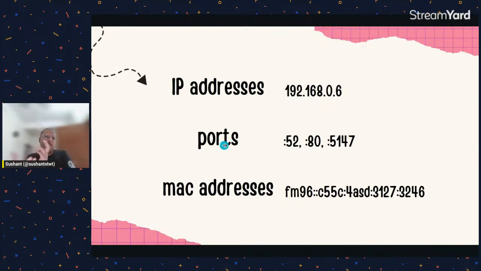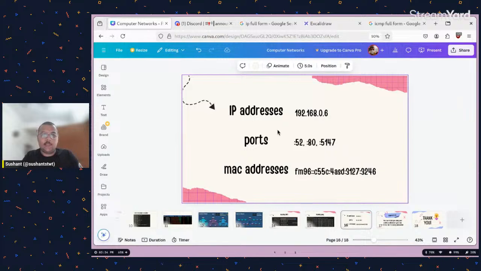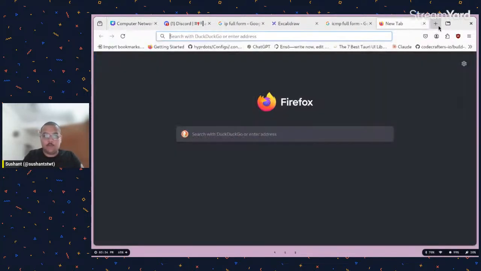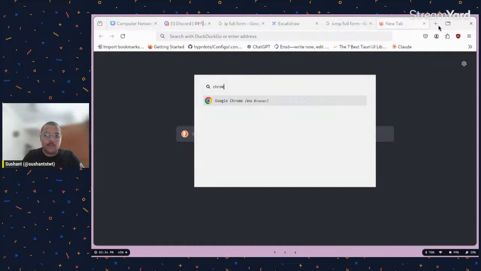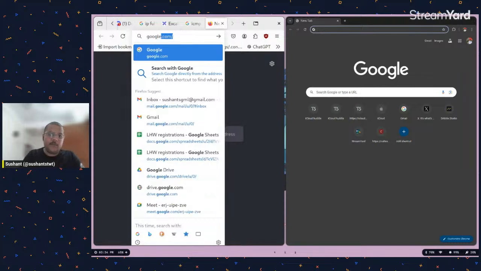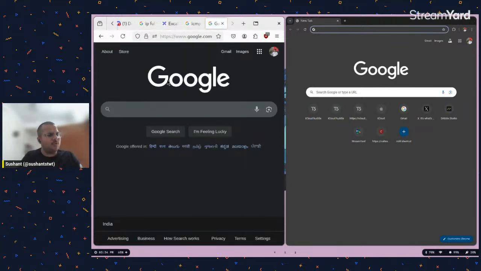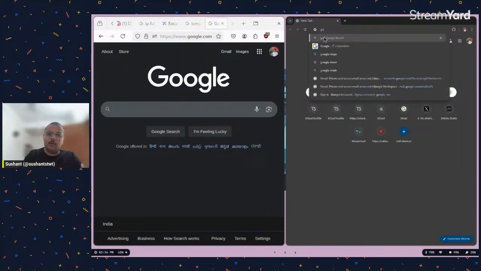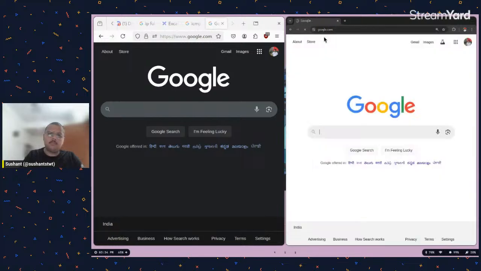Now, first of all, why do you need ports? Ports have a simpler explanation. Let's say this is Chrome, and this is Firefox, my browser, and I can open a different browser too. I can go to Google.com on this browser, and I can also go to Google.com on this browser.